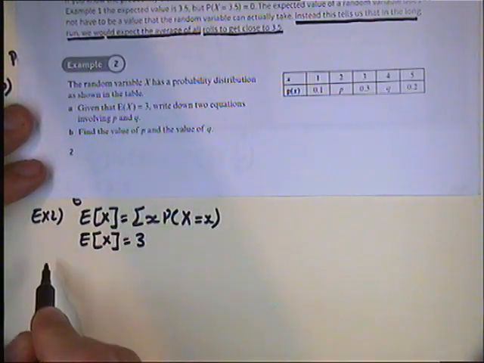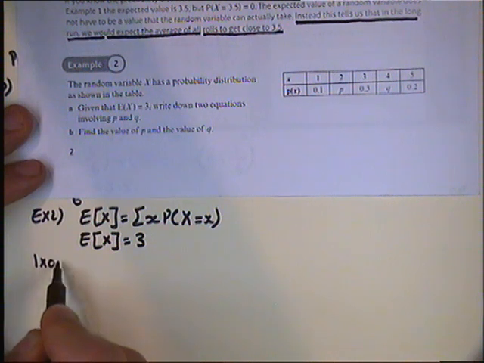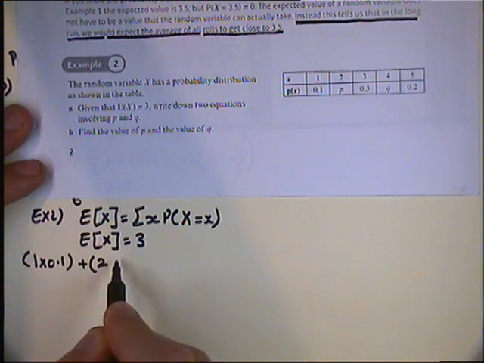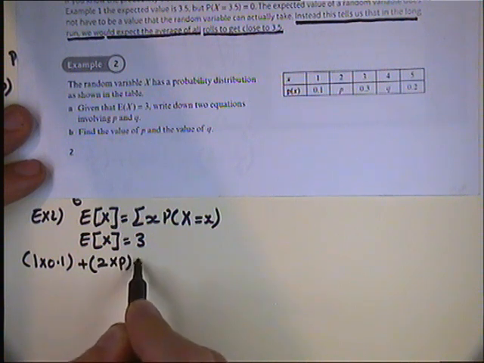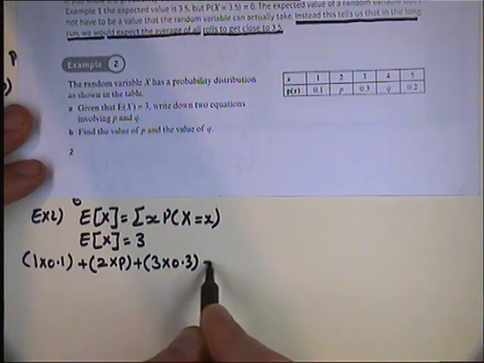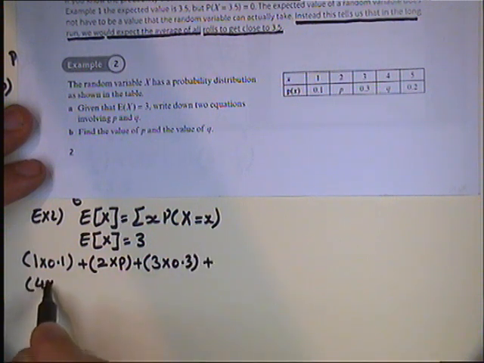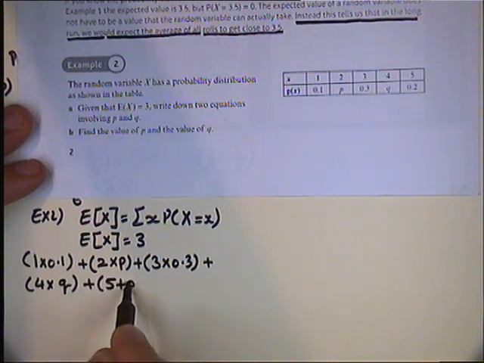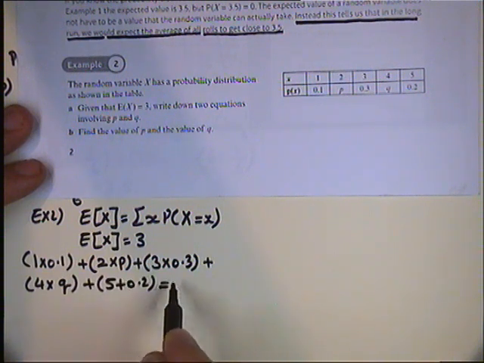So the expectation: 1 times 0.1 plus 2 times p plus 3 times 0.3 plus 4 times q plus 5 times 0.2 is equal to 3.